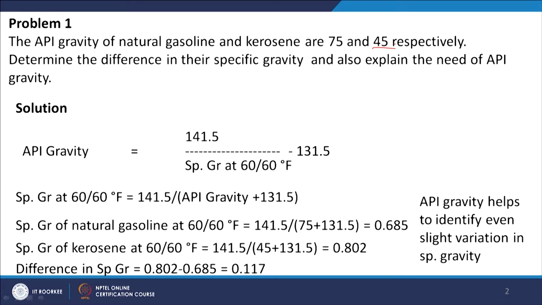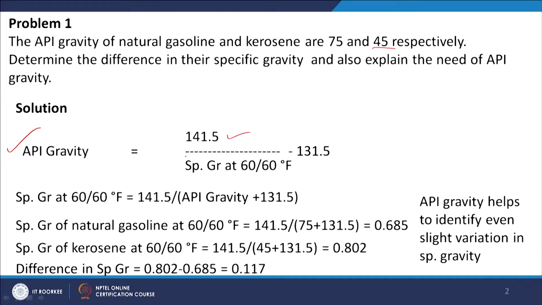We have discussed in our previous class that API gravity is equal to 141.5 divided by specific gravity minus 131.5, and this is proposed by the American Petroleum Institute. Now, in this case we have API 75 for natural gasoline and 45 for kerosene.